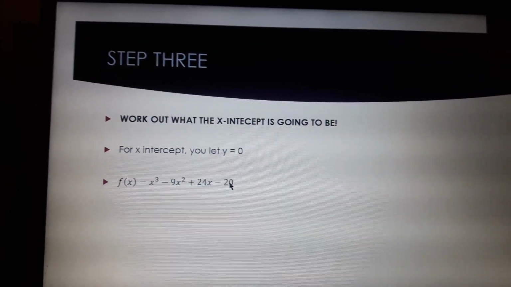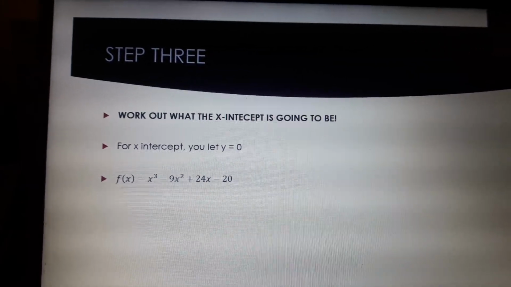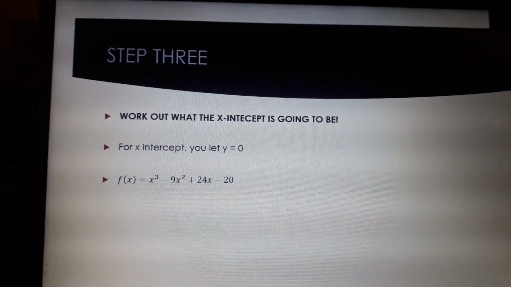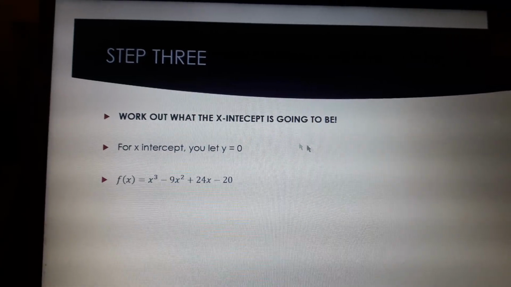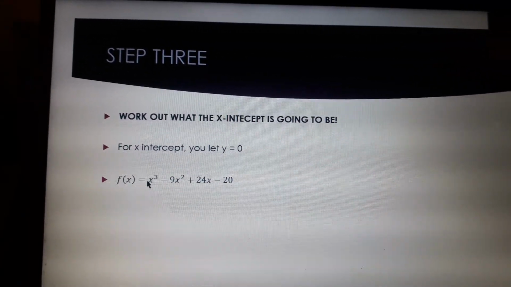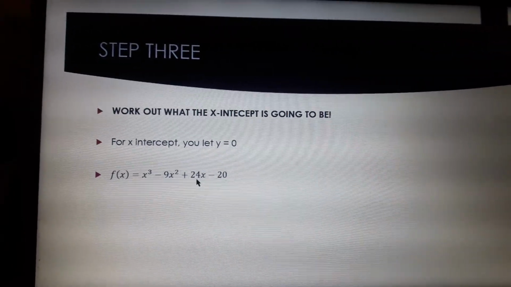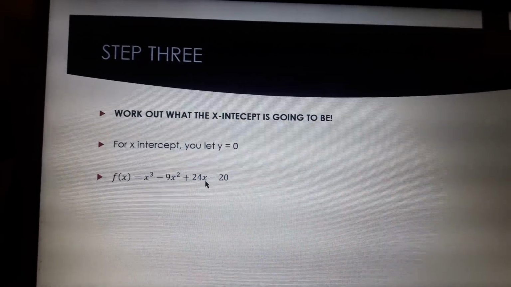The factors of 20 are 1, 2, 4, 5, 10 and 20. We pick one that we can substitute where there's x, and then we would get 0.